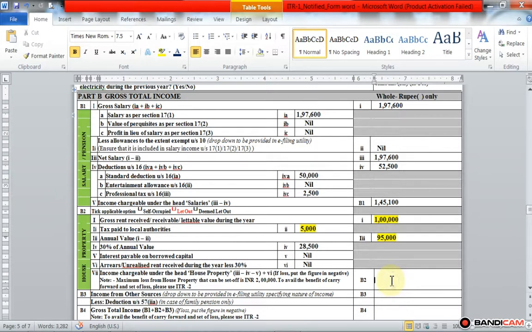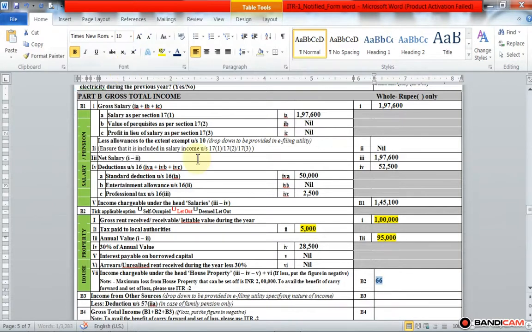We get income chargeable under the head of house property amounted to rupees 66,500.